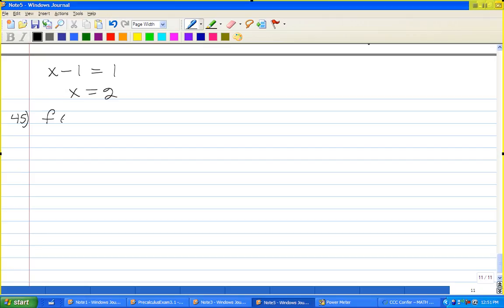F of x equals log base 3 of x plus 2. Okay, let's find the vertical asymptote.